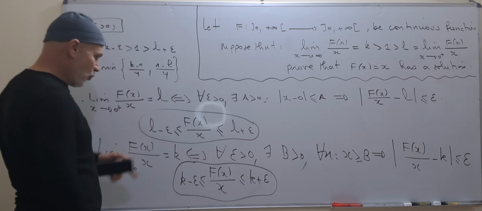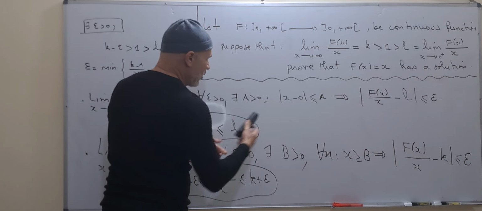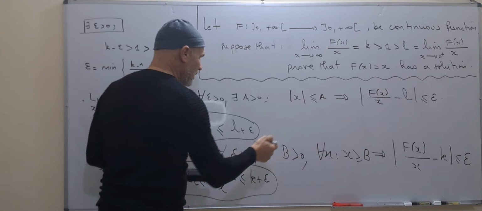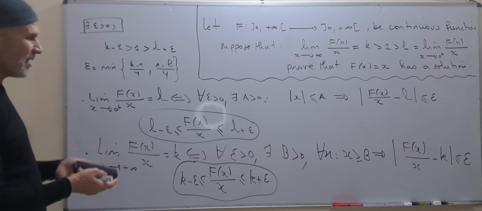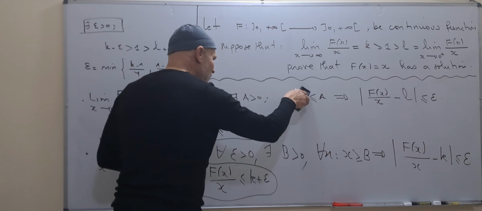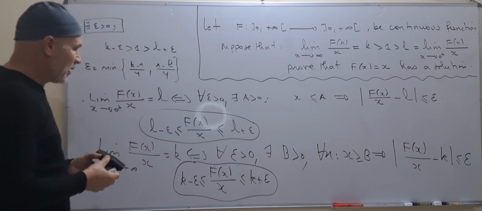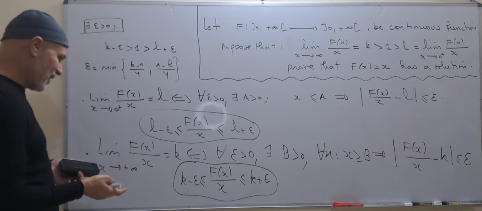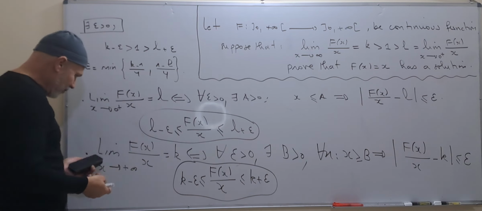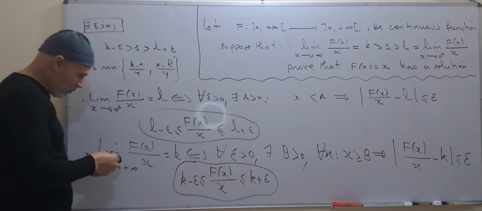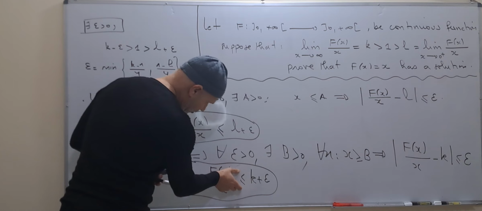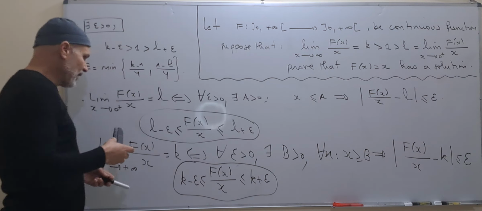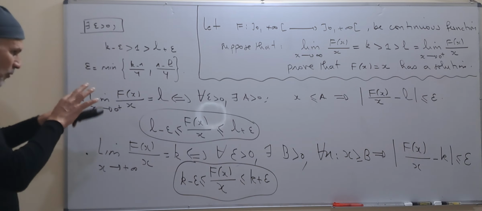The first one is true for all x such that the absolute value of x is less than or equal to A, and since x is positive, it becomes x less than or equal to A. And the second one, because we are dealing with x from 0 to plus infinity, this double inequality is true for all x which are greater than or equal to B. Let us take both of them.